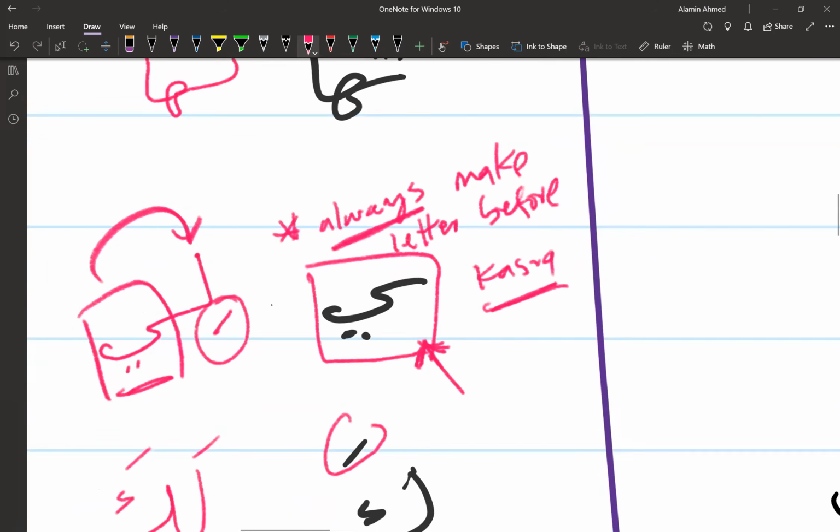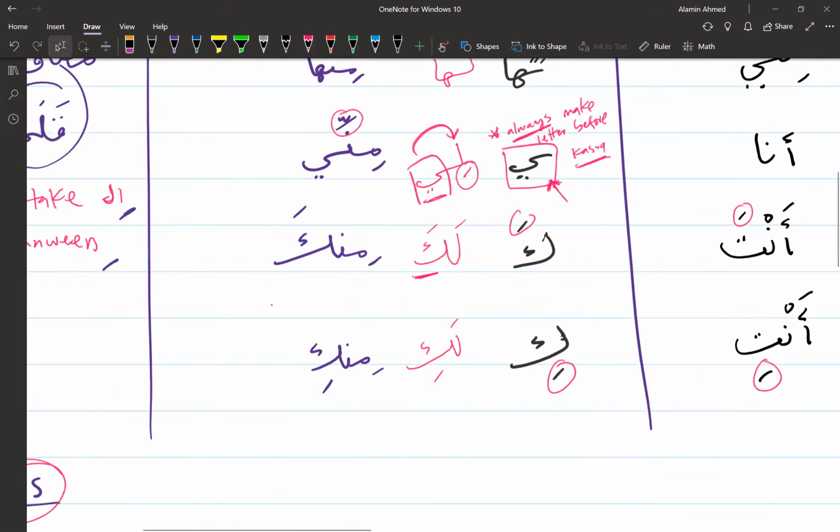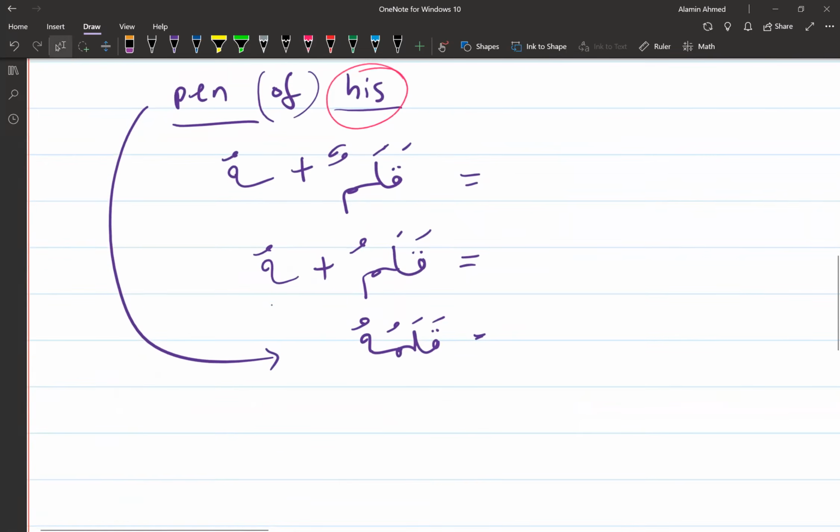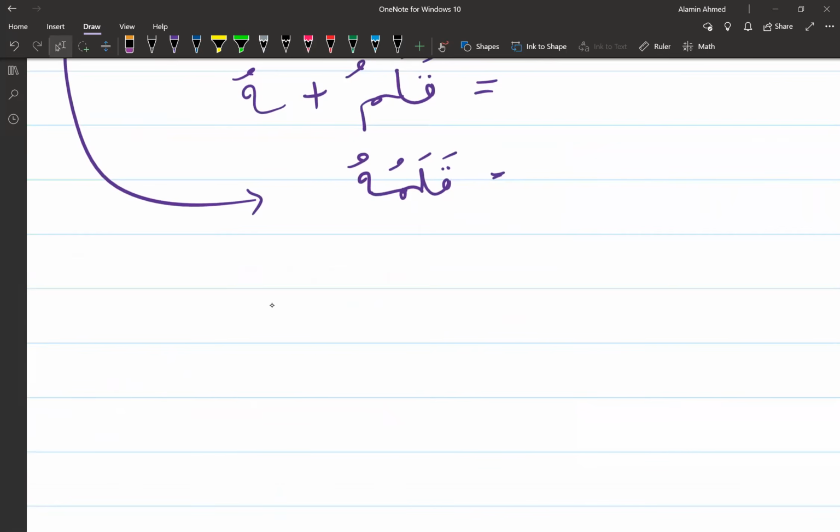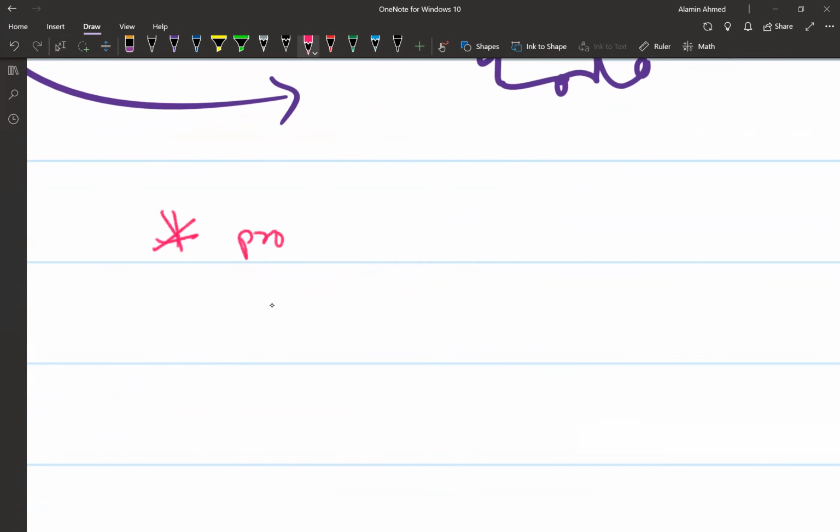For example, the example here is ya. Now, what's the situation here? The situation here is another rule. In this book, we're not learning it properly, but I'm just going to tell you. Pronouns do not change. Can you read my handwriting?